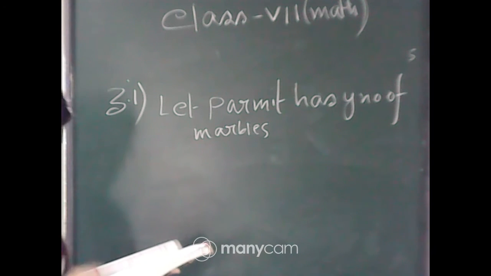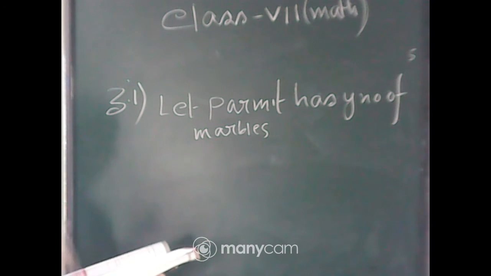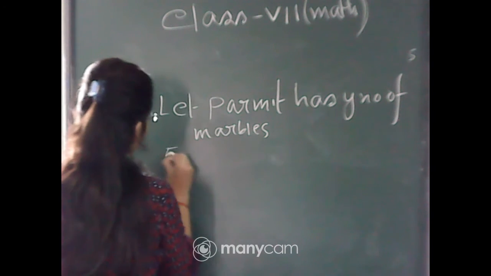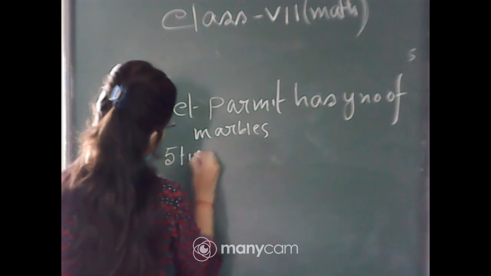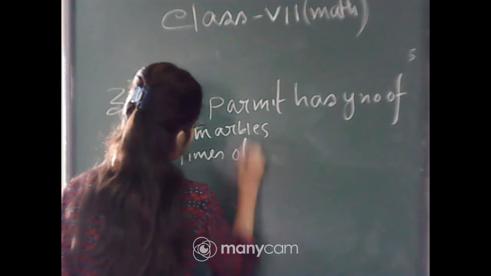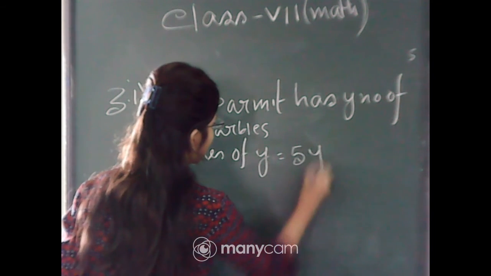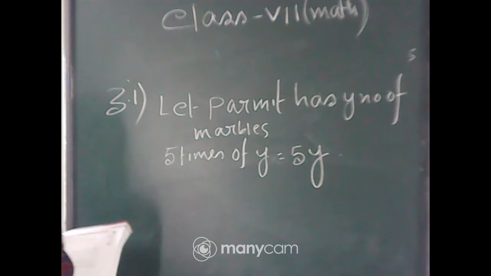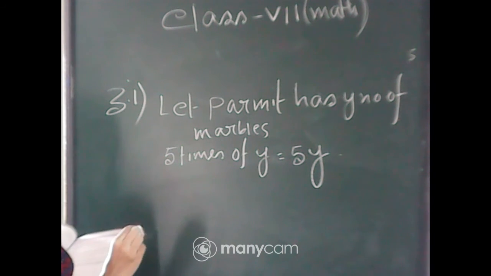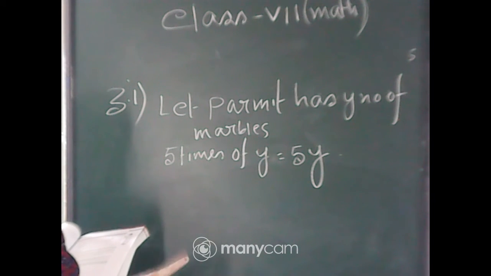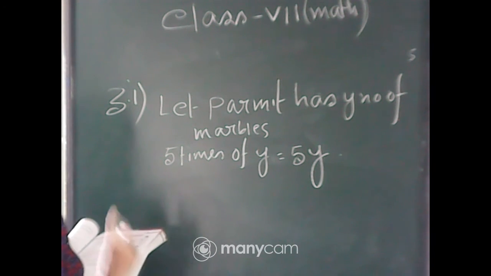Here it is given that Irfan has 7 marbles more than 5 times the marbles Parmit has. 5 times of y is equal to 5y.